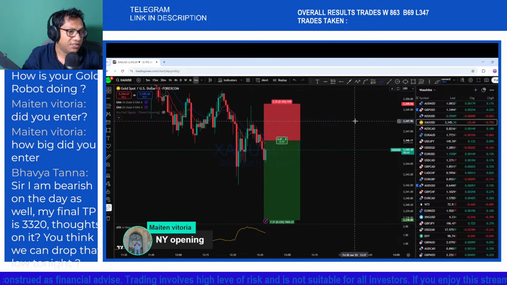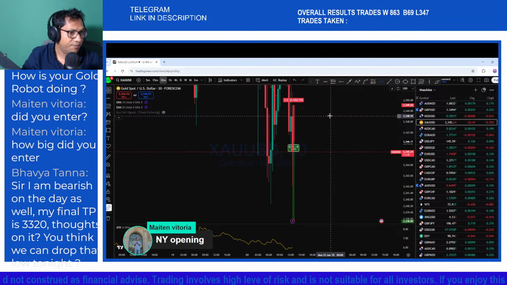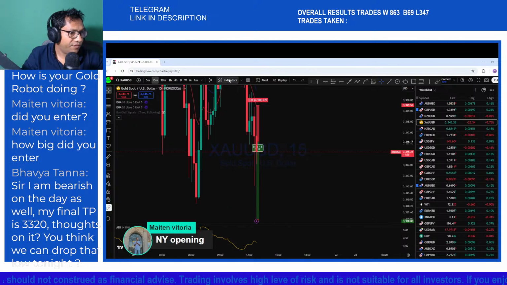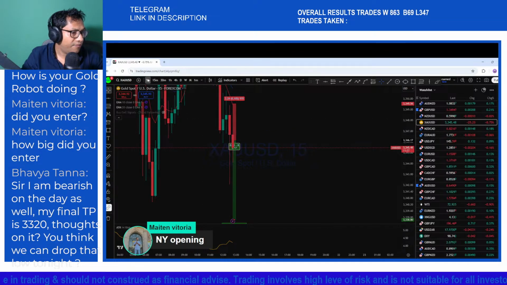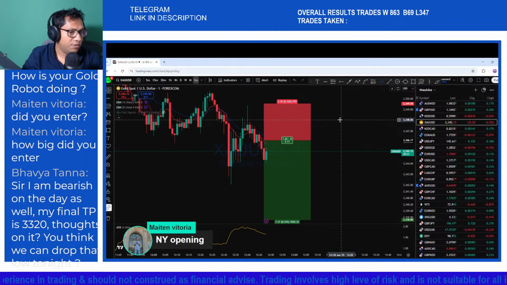This is the 1 minute price action. If it is going back again for another liquidity gap, 15 minutes so far bearish, and okay, so this is the 1 minute.